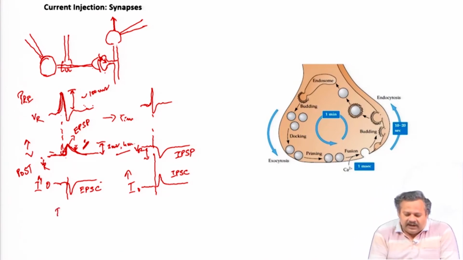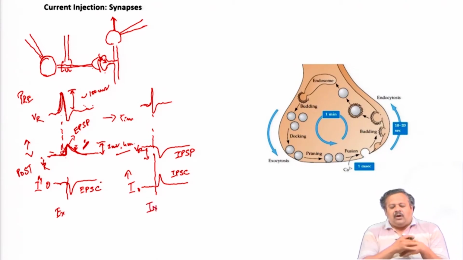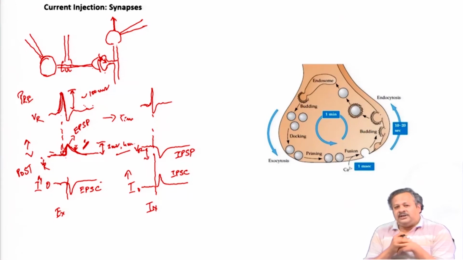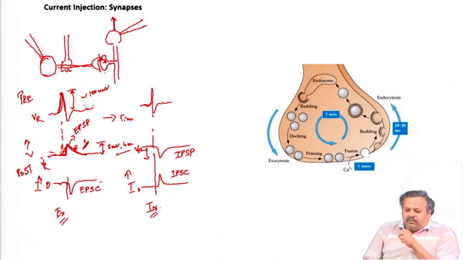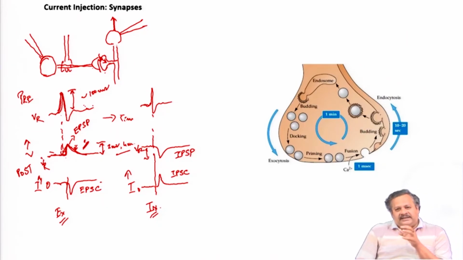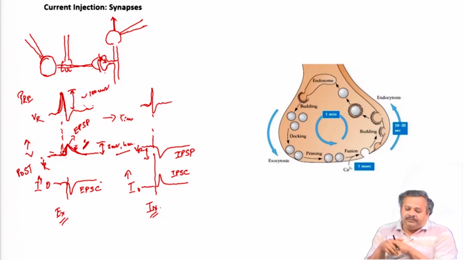So, these are for excitatory synapses, and these are for when the effect of the receptor is inhibitory. What we mean is that even with the same neurotransmitter at the same synapse, we can have an effect of excitation as well as inhibition. It depends on the different kinds of receptors that are present.